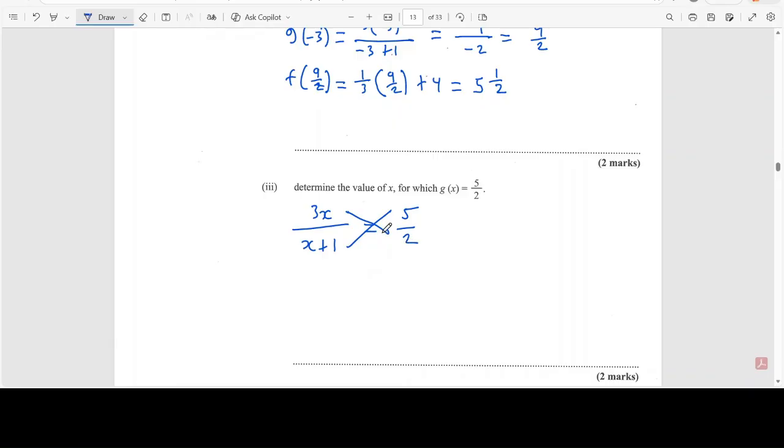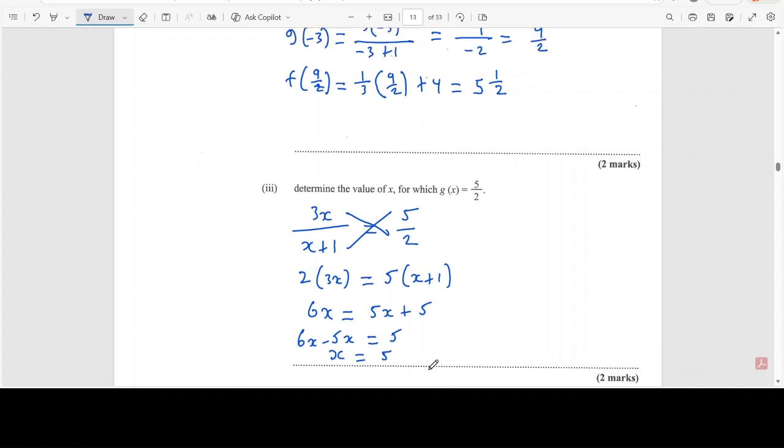So your denominator comes across to the numerator here, so we have 2 by 3x equal to, we bring this denominator across the equal side to the numerator, x plus 1. 2 by 3x is 6x, we expand this bracket, this is 5x plus 5, bring the 5x across, 6x take away 5x is x, equal to 5. And that was the last question.